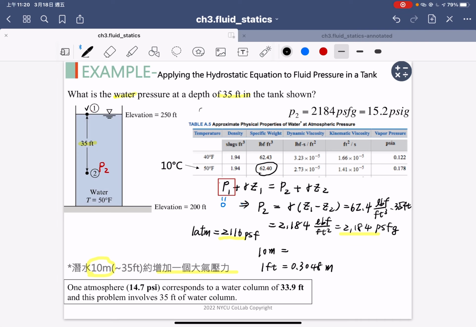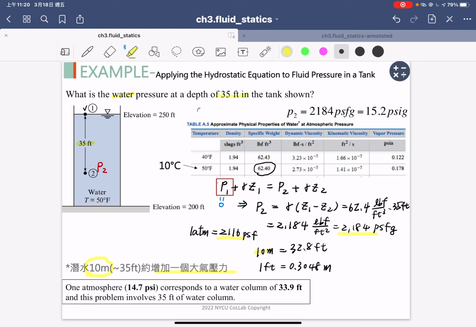So you can convert the 10 meters using this number, which is around 32.8 ft. So the 10 meters, or 32.8 ft, is quite an important number for the water diver, because around this depth you will have an increase of 1 ATM pressure when you are diving.